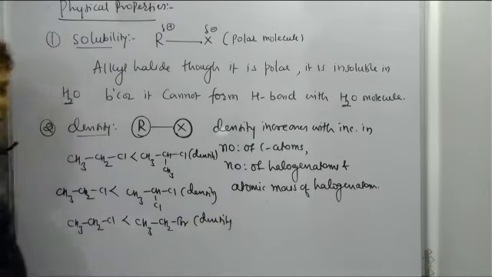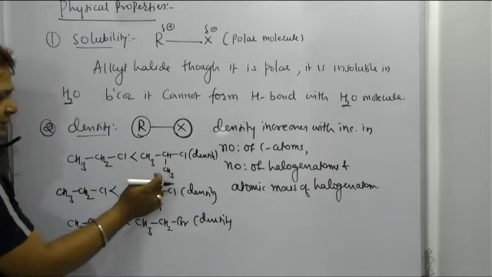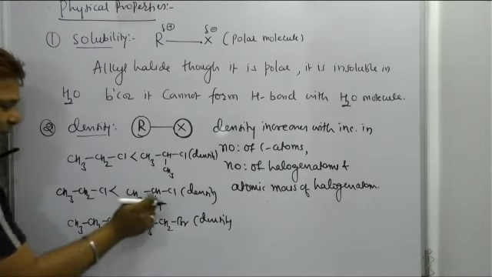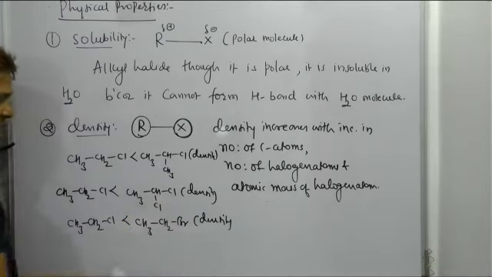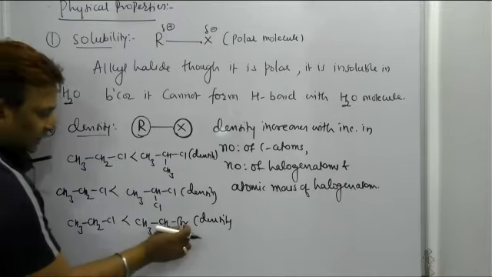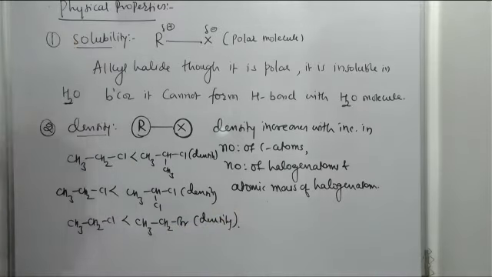For atomic mass, CH3CH2Cl and CH3CH2Br: bromine's atomic mass is greater than chlorine's, so density increases. As the number of carbon atoms, halogen atoms, and atomic mass of halogen increase, density increases. Is it clear? Write it down.